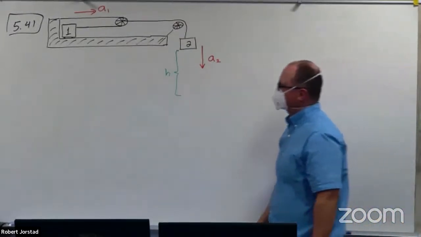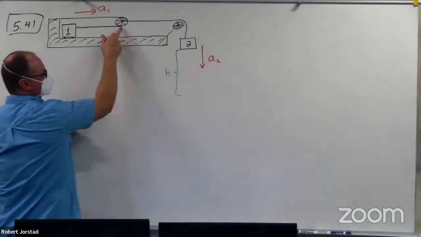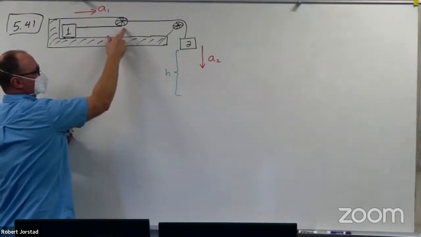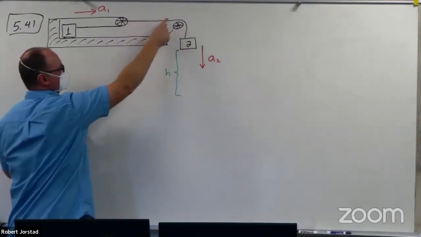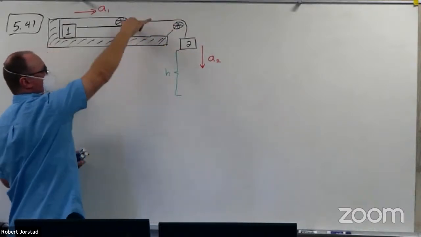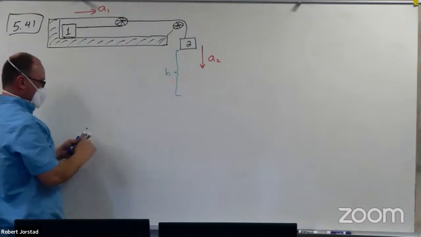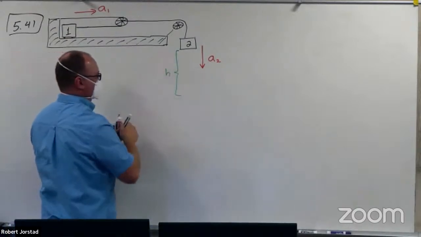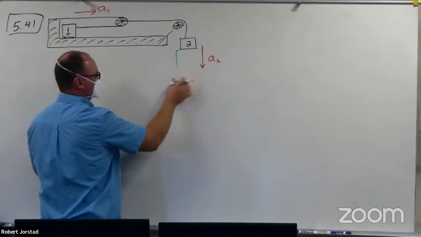Help me out. How far is this pulley going to move? It's attached to the same string. We're assuming it's an ideal string. If this goes distance h, how far should the pulley move? It's the same. Yeah, and now I noticed my distance h is a little bit too big. Let me make it a little bit smaller.